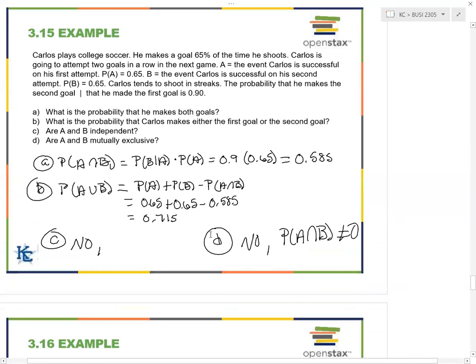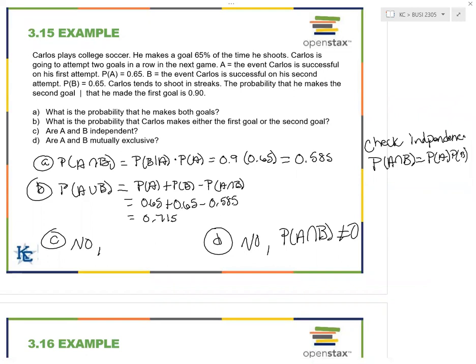So let's check it. So over here, I'm going to check independence. For it to be independent, the probability of A intersect B has to equal the probability of A times the probability of B. Well, we know the probability of A intersect B is 0.585, because we found it in A. So let's look at what A times B is.